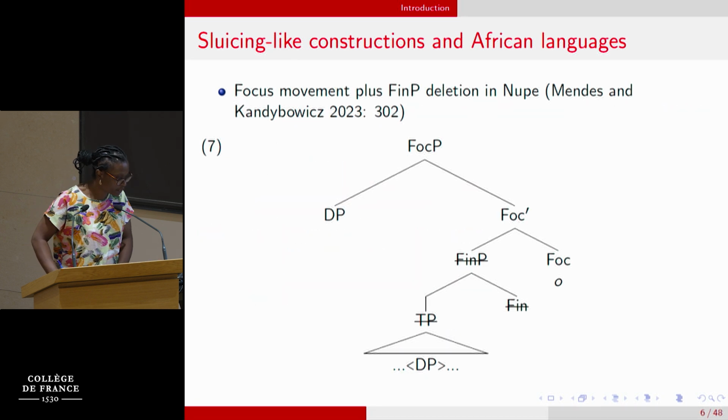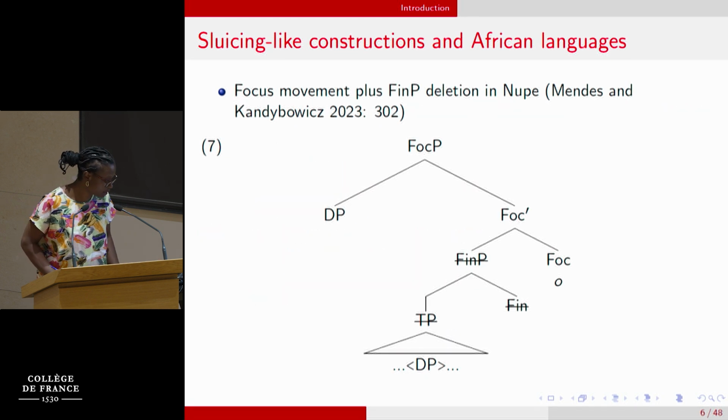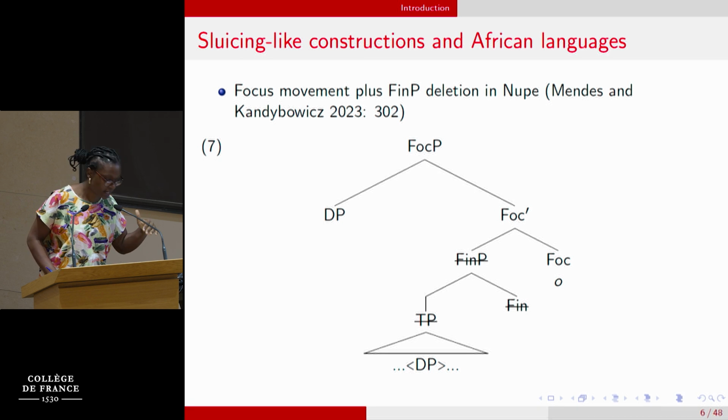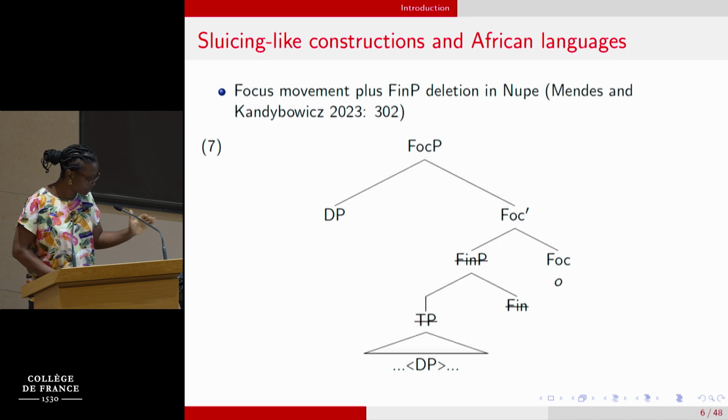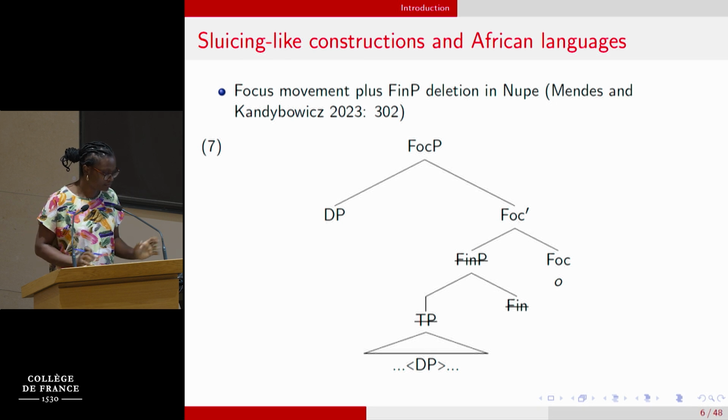So for the Nupe data, they assume the split CP hypothesis, and they argue that what you have is some kind of ellipsis of the FinP. So the argument is that the DP is focus-moved to the specifier of Focus in the clause, and then you have the FinP being deleted. By deleting the FinP, you delete alongside it everything else contained within this projection.